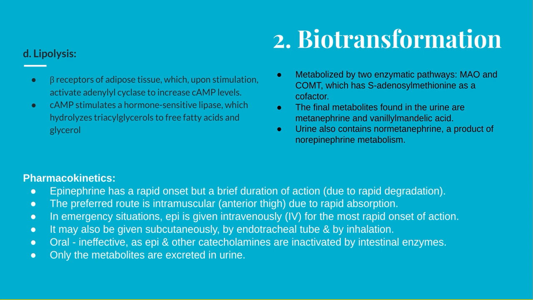Adipose tissue contains again beta receptor. And again, beta receptor will act via which pathway? Who remembers? Sir, Gs. Yes. So once again, cyclic AMP will get activated and all those things will happen.